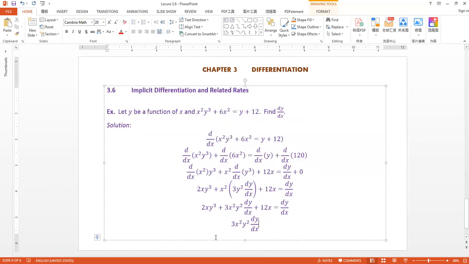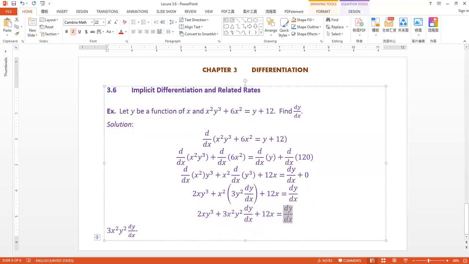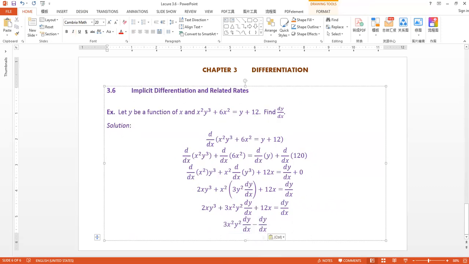So on the left-hand side, we got 3x squared y squared dy over dx minus dy over dx, and the right-hand side equals negative 2xy cubed minus 12x.